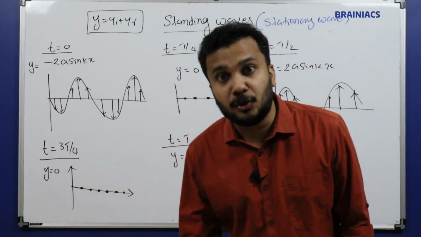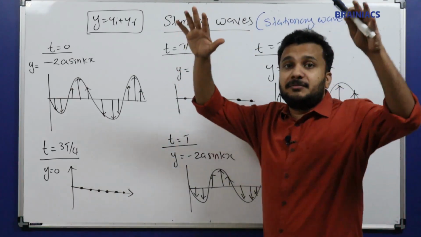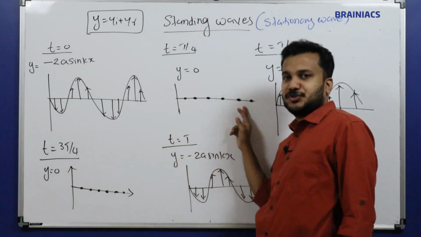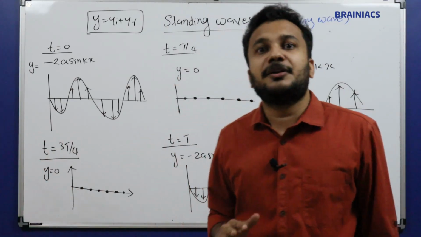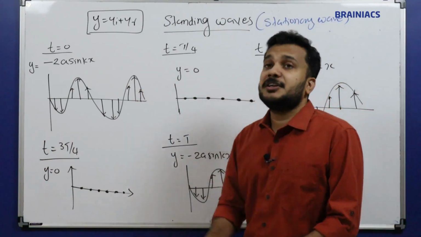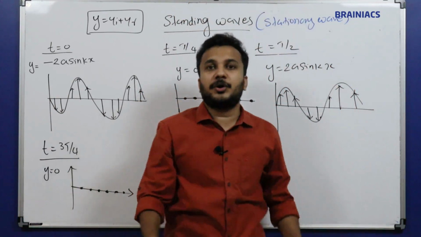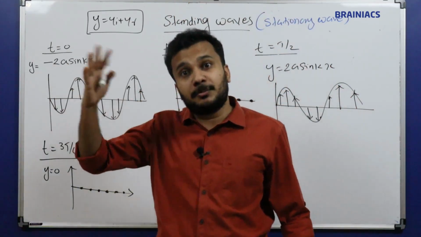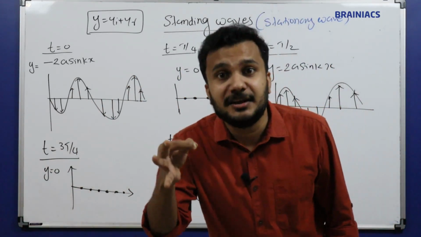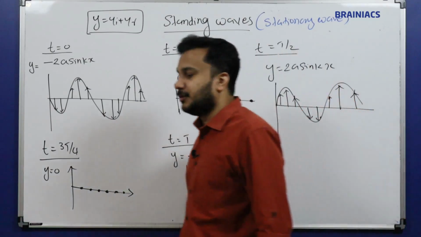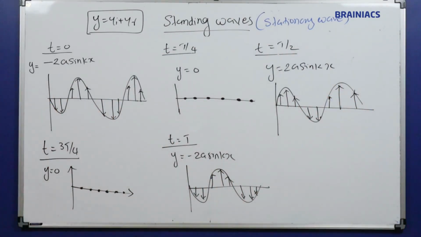Node means whenever everybody sits down, at this position everybody will be at 0 position, and that position is called a node position. If everybody is going up, if everybody is going down, that high plus or minus amplitude is known as antinode. This is the next topic of the discussion. Now we have equations with respect to standing waves.